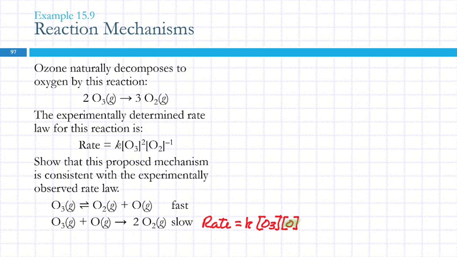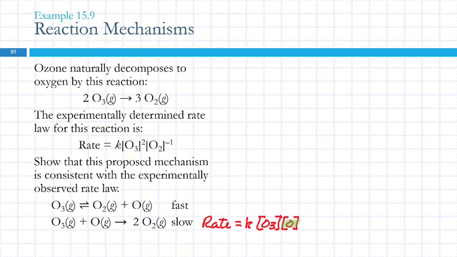Now it's going to look kind of Christmassy, so let's just embrace that. So the first step here is fast. As the arrows here suggest, we're going to assume that an equilibrium gets set up.